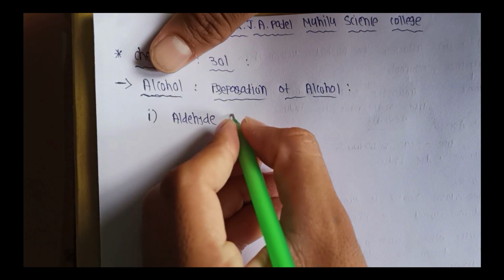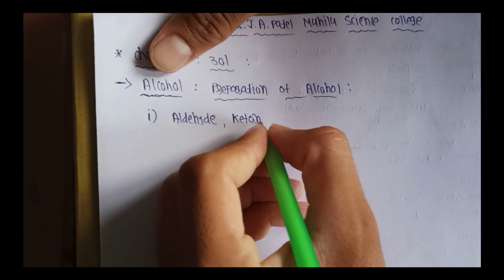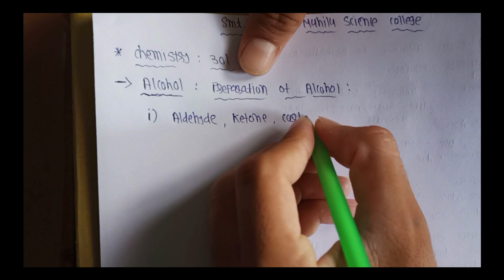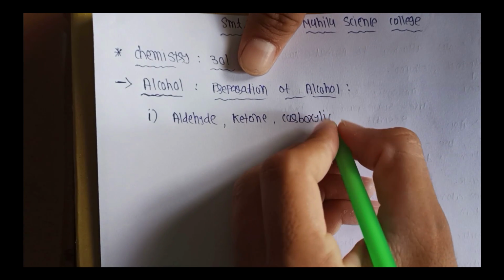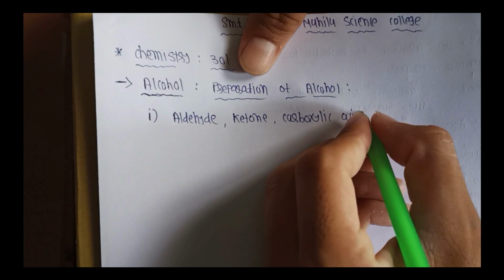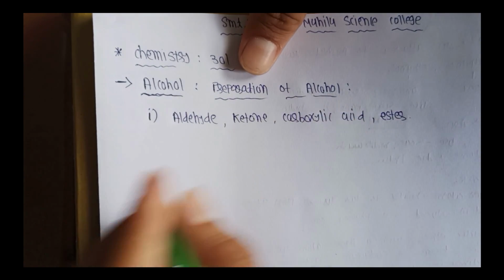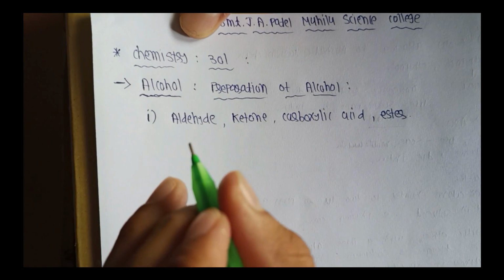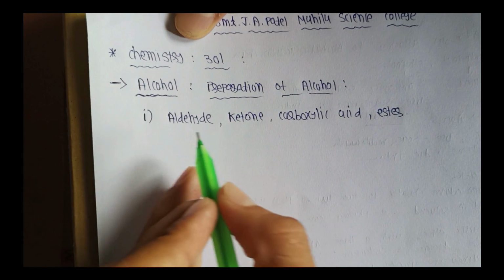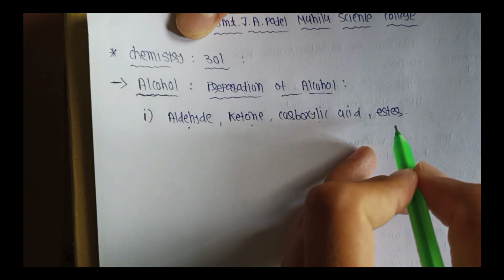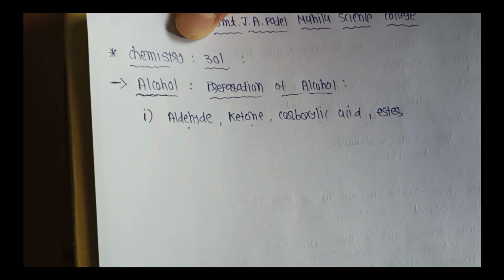Second, ketone. Third, carboxylic acid. And fourth, ester. This means alcohol is prepared from aldehyde, ketone, carboxylic acid and ester.